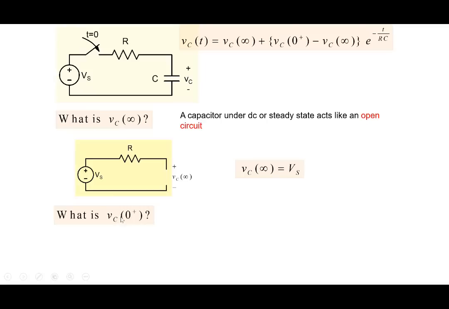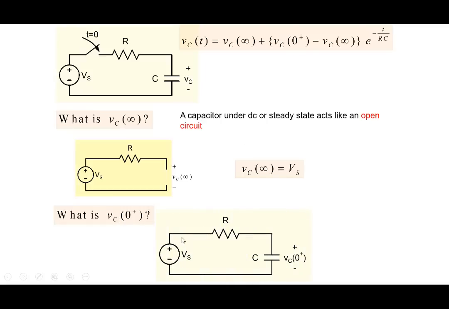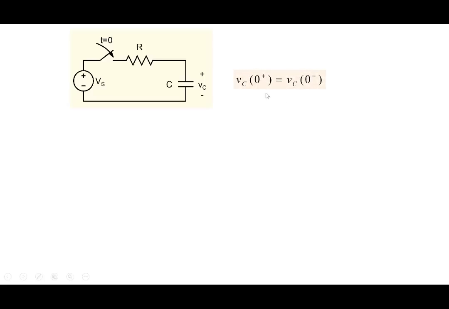What is VC0 plus? Okay, so what is VC0 plus? This is the circuit that we have, right? And we are asking what is this voltage across the capacitor just after the switch is closed, okay? And to do that, what we note is that the voltage across the capacitor does not change instantaneously. So VC0 plus must be equal to VC0 minus, right?